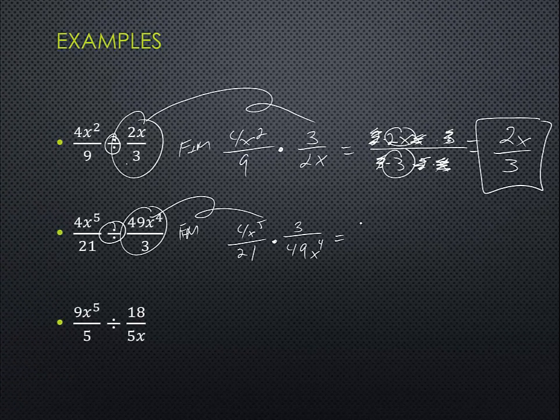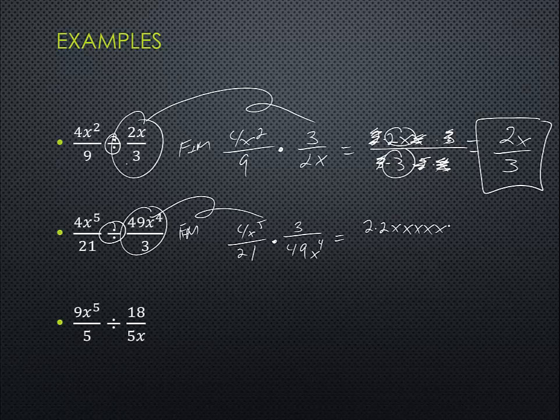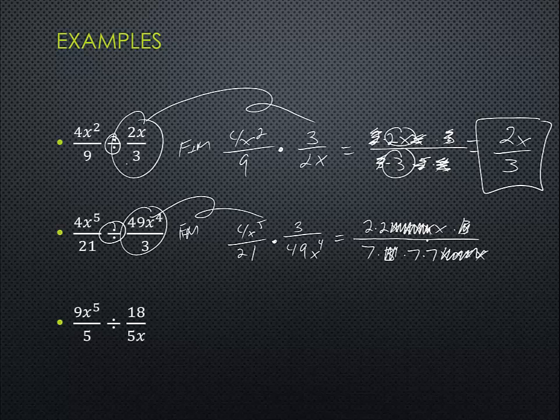So 4x to the 5 will be 2 times 2 and then 5 x's times a 3 divided by 21 is going to be 7 times 3. 49 will be 7 times 7 and 4 x's. What cancels? 3 cancels. 4 x's cancel. And that's it. So we're going to have 4x over 7 times 7 times 7 is 343.